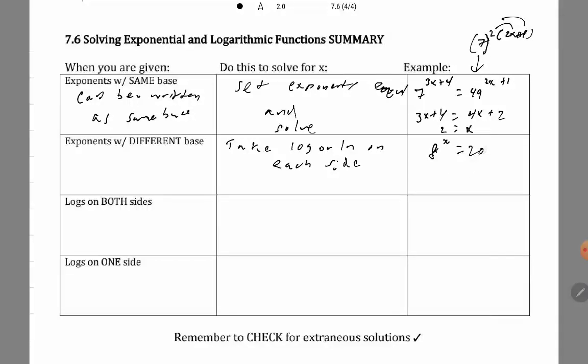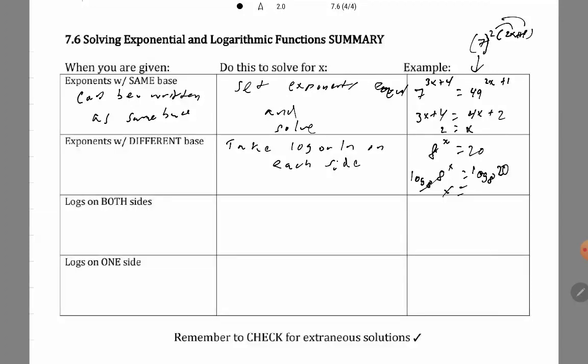So if we have 8 to the x equals 20, we would take the log base 8 of both sides. These will cancel and you're left with x equals that mess. Punch in your calculator, get an answer.